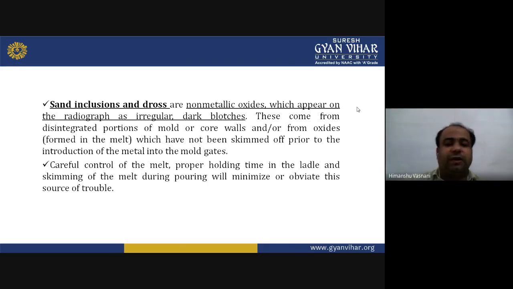So for this we can do careful control of the melt, proper holding time in the ladle, and skimming of the melt during pouring, which will minimize or obviate this source of trouble. In this way, you can avoid these non-metallic oxides and avoid these irregular dark blotches.